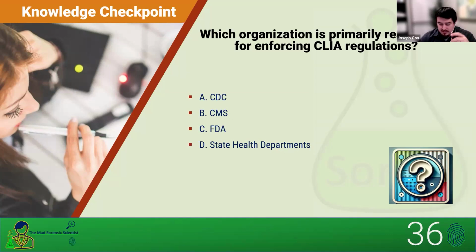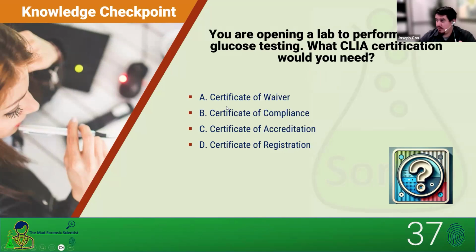It is B, CMS. CDC is typically for quality and research and testing. CMS is the core enforcer for CLIA.